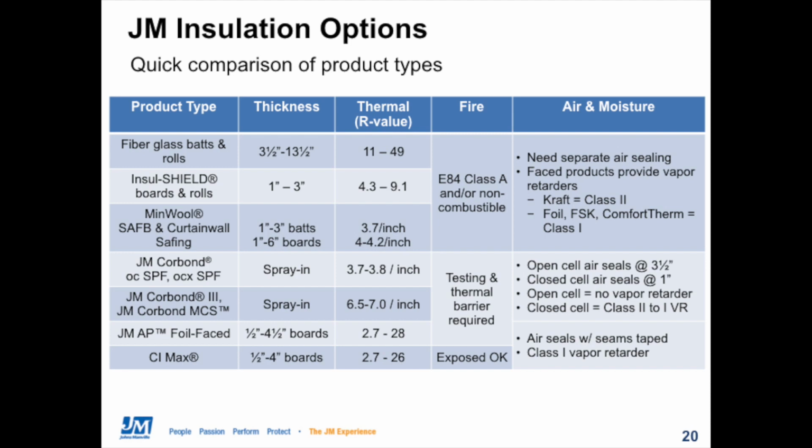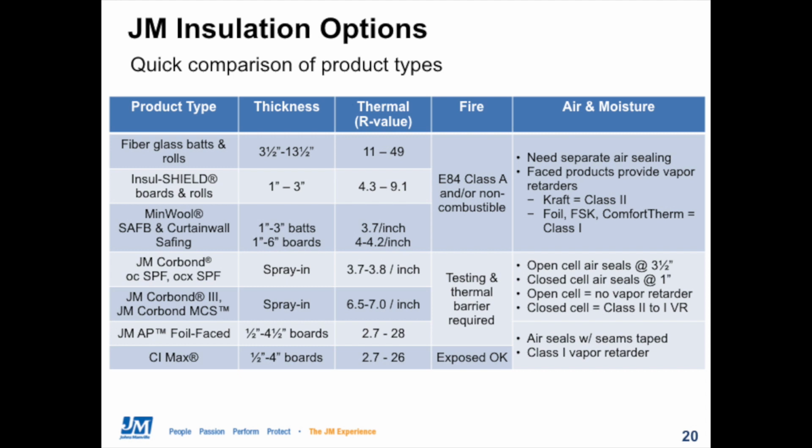Finally, JM's polyiso foam sheathing products are really intended for use as continuous insulation. Foam sheathing is available in a wide variety of thicknesses and R values from R2.7 up to R28. Our AP foil faced foam sheathing, kind of like spray foam, must be separated from the occupied space, but our CI Max product can be left exposed, which can be really useful for interior applications.